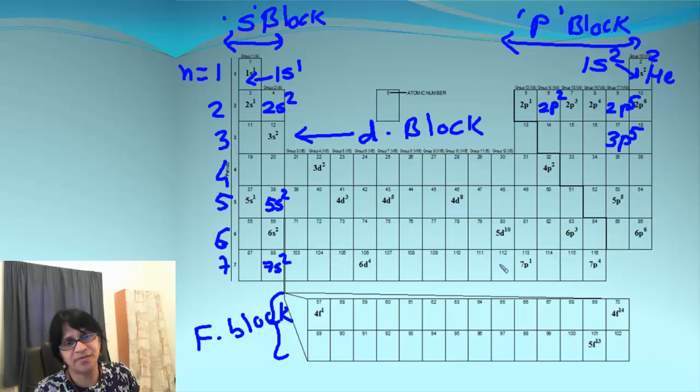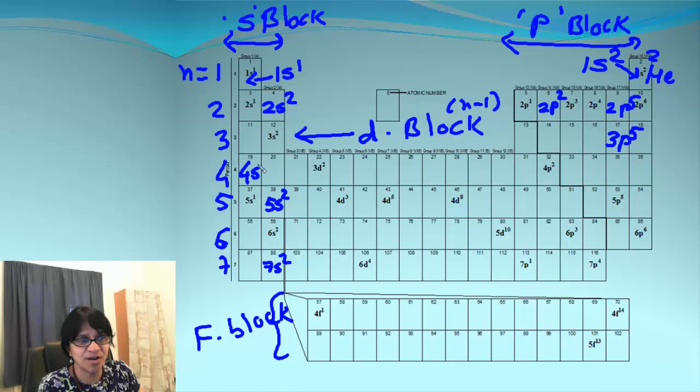When we go to D sublevels, we go one level lower. So we go to n-1 level. What it means is, if I'm in row 4, this will be 4s1, this will be 4s2. But when I come here, this is going to be one level below. So I'm going to go to 3d1, 3d2, 3d3, and so on.